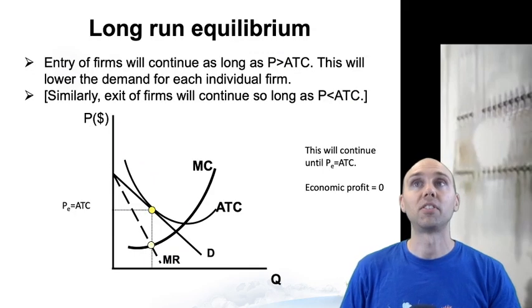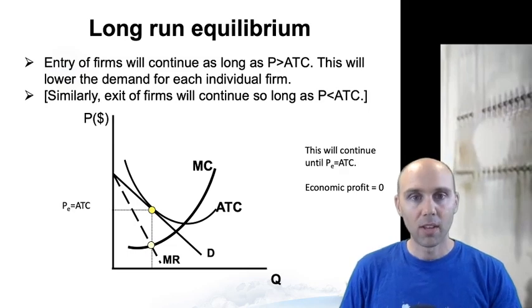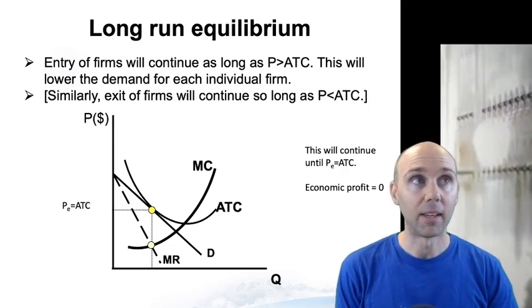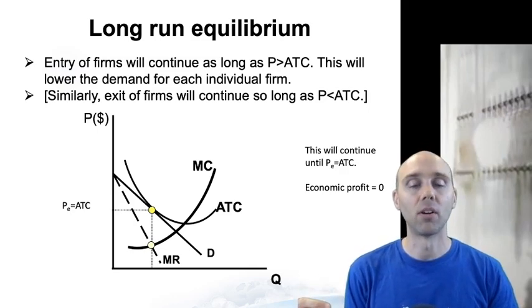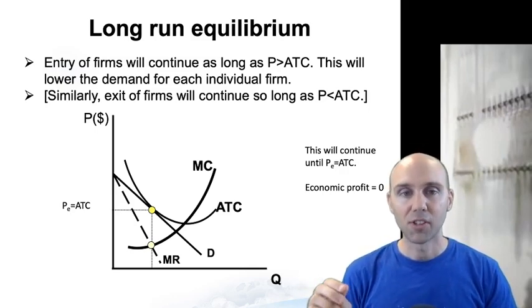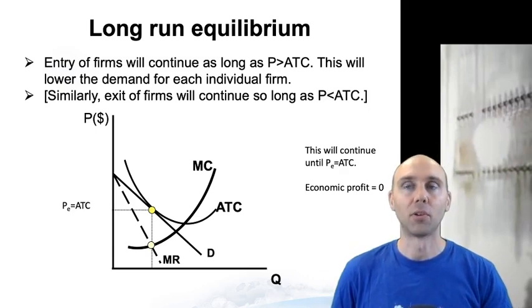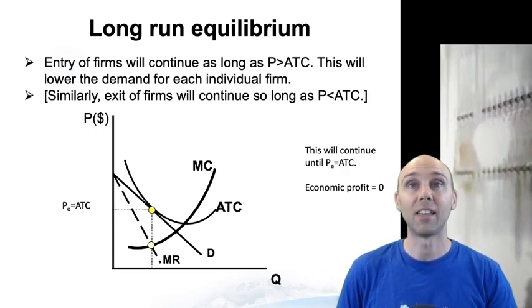The long run feature that's similar to perfect competition is that the demand curve keeps decreasing, which means the marginal revenue curve keeps decreasing, moving in towards the origin, which over time squeezes that vertical distance between price and average total cost until they are exactly equal.